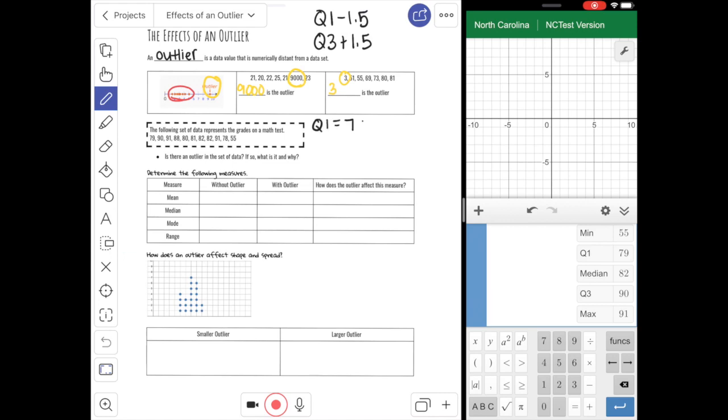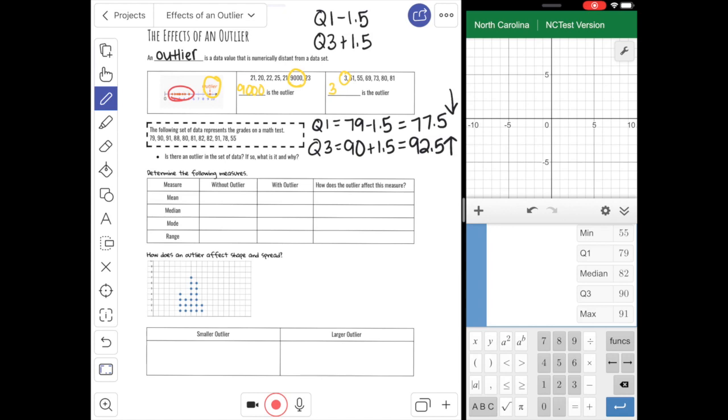My Q1 is 79, and if we subtract 1.5, that gives me 77.5. So anything below 77.5 is an outlier. Then Q3 is 90, plus 1.5, so anything that falls above 92.5 is an outlier.